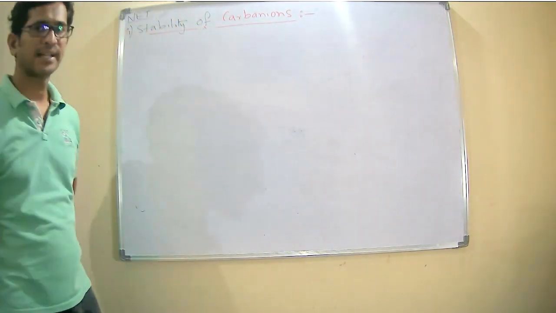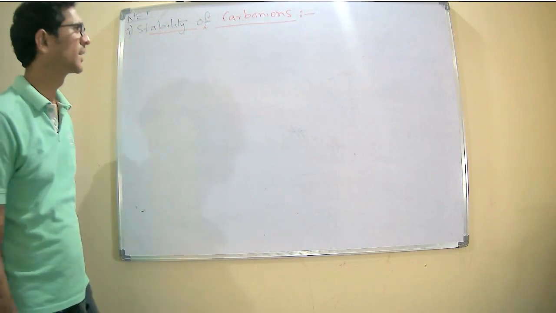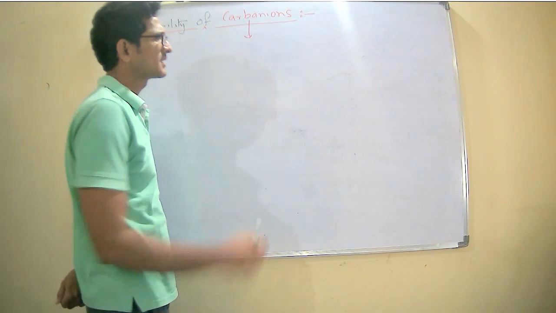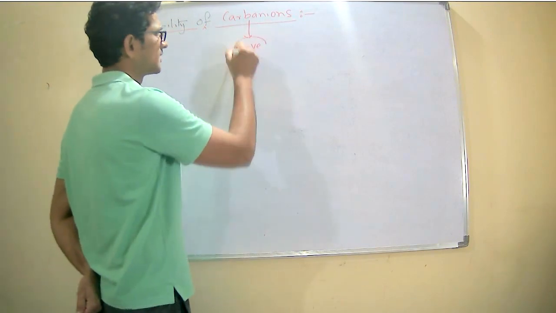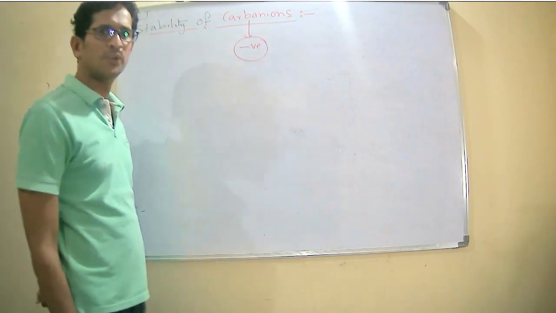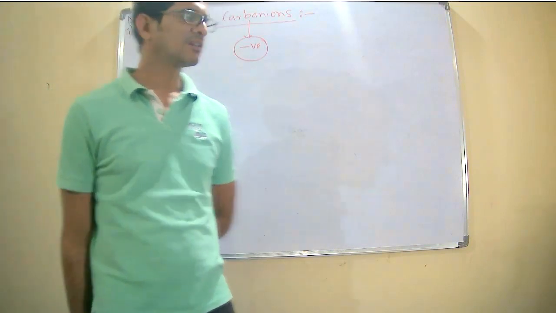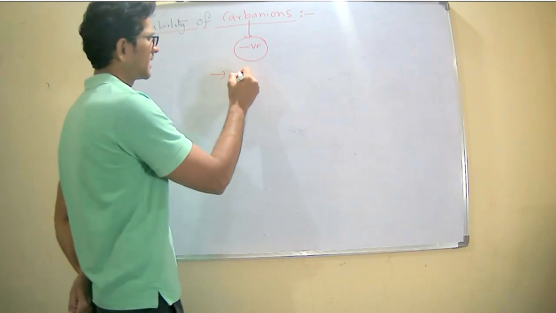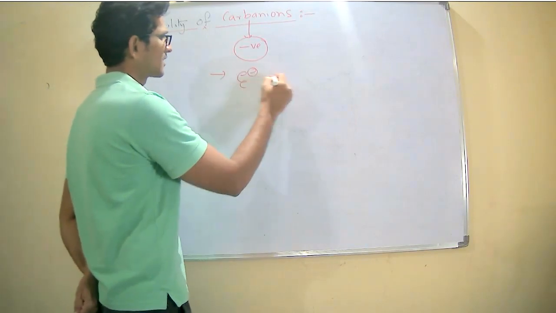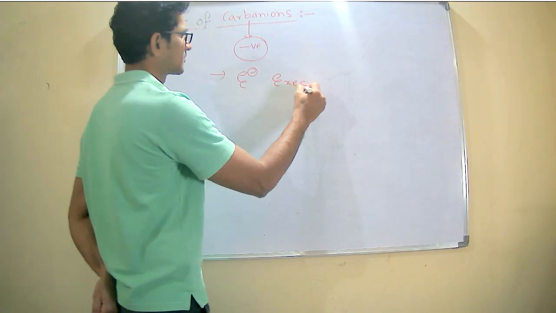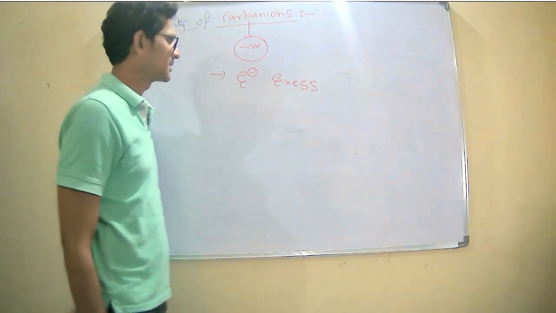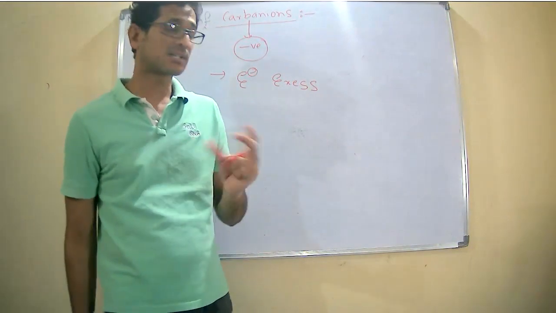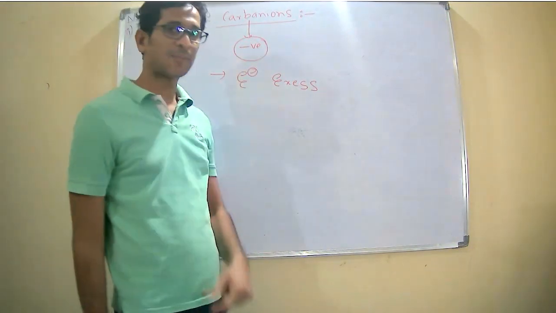What are carbanions? Species which bear a negative charge are generally carbanions, and carbanions are electron excess species. Electron excess species means they contain a greater number of electrons. The electron density will be more at the carbanion.